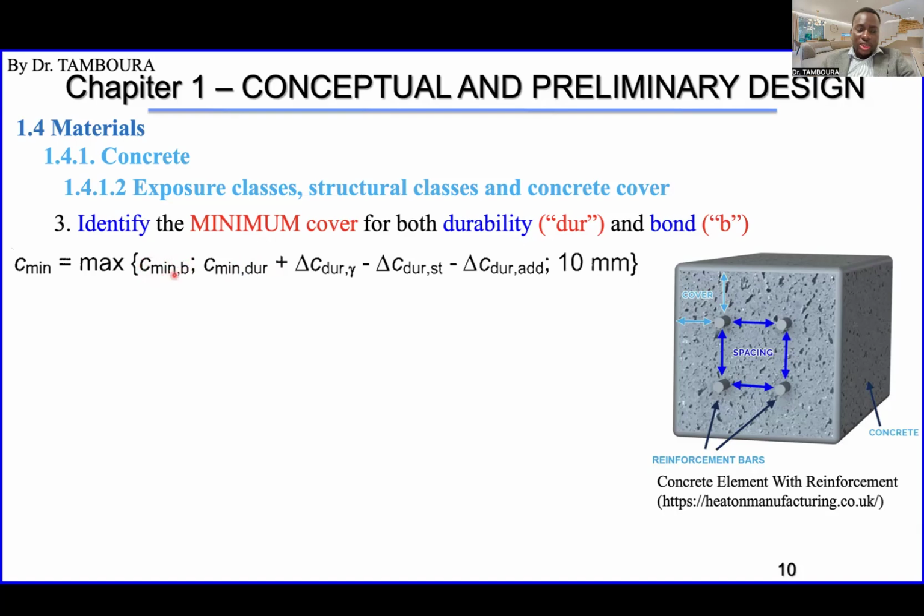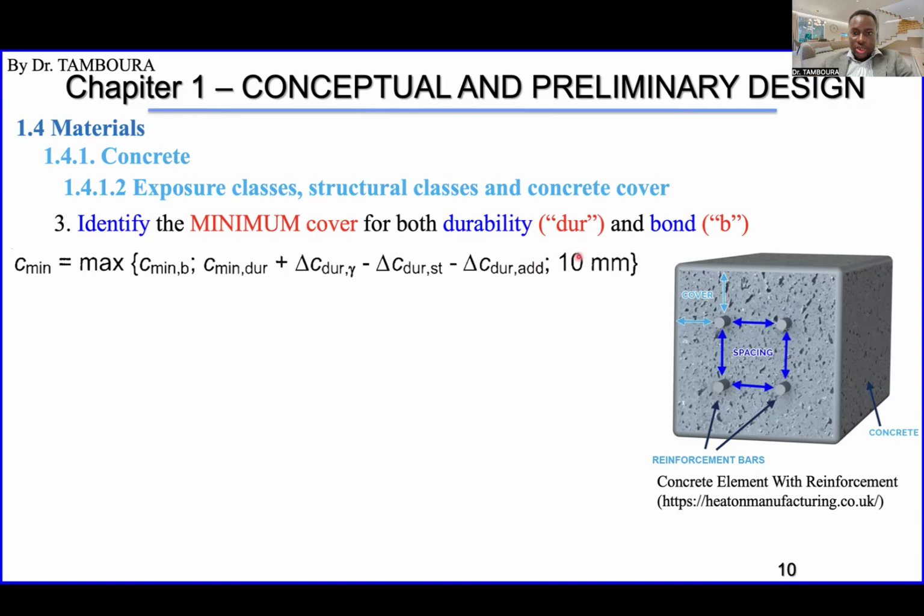This is the minimum cover required for a good bond, and this one is the minimum cover required for durability. And on this, you can add this one or reduce this one or this one. And this is 10 millimeter. So please tell me, you can see that we have three values. We need to choose the maximum of these. You have this one, C minimum for the bond, and you have this, okay? This is one value.